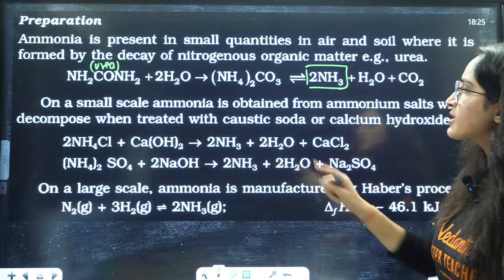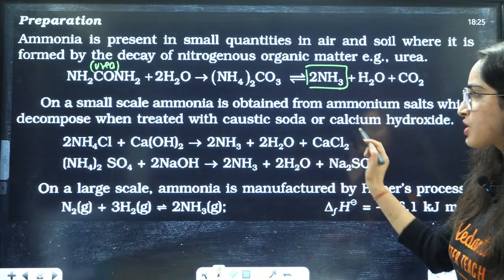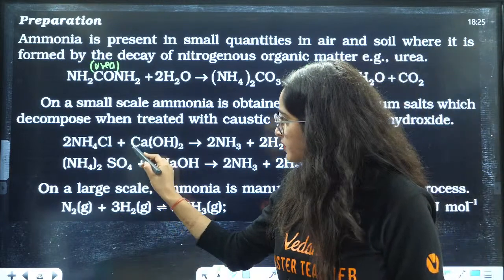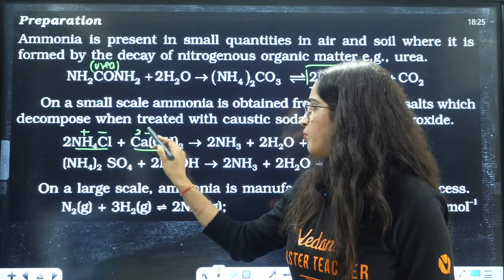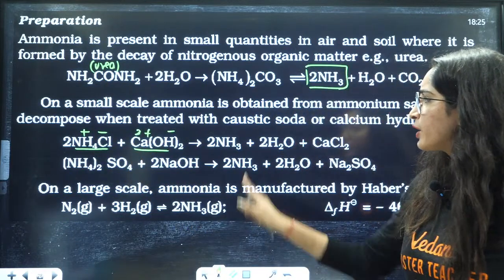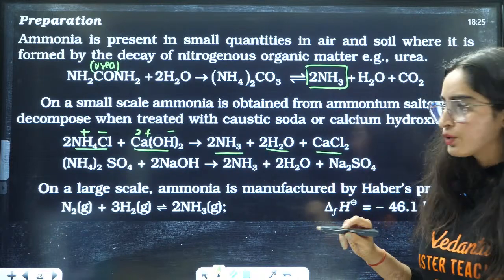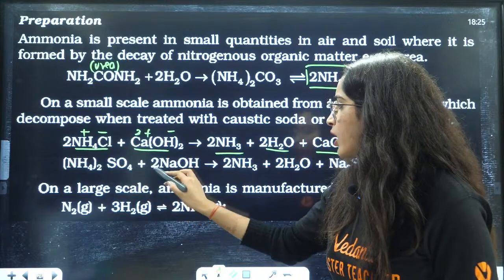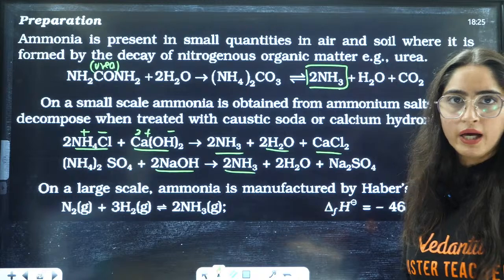On a small scale, ammonia is obtained from ammonium salts treated with caustic soda. See, with caustic soda, NH4 is positive, OH is negative. So here you will have the formation of NH3, water, and CaCl2, right? Again, this salt with some good base can form ammonia, right?